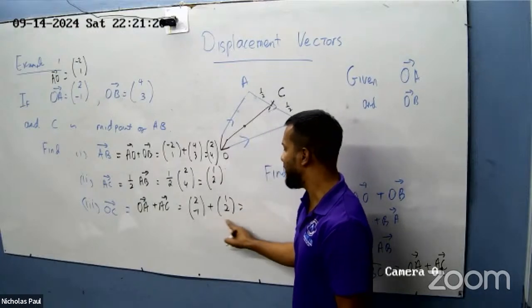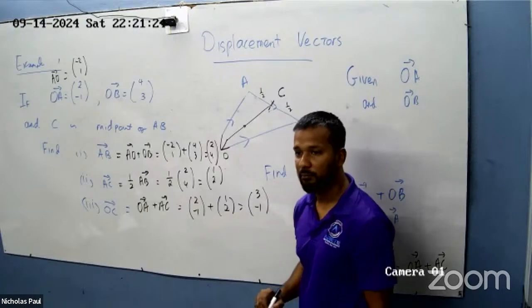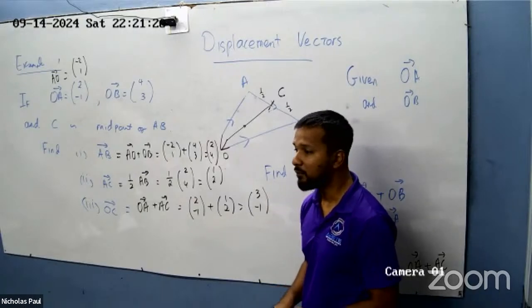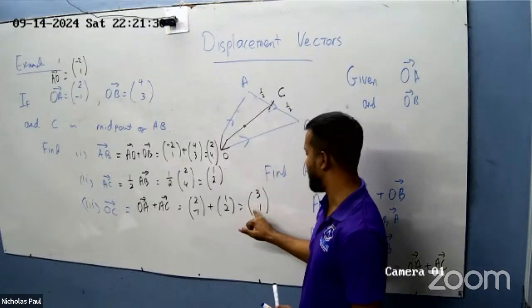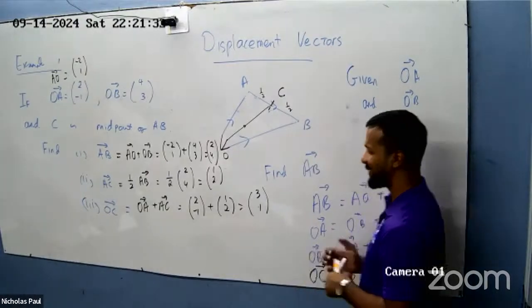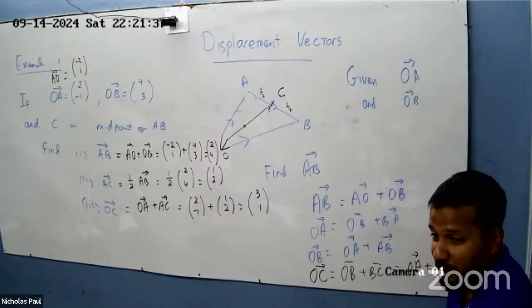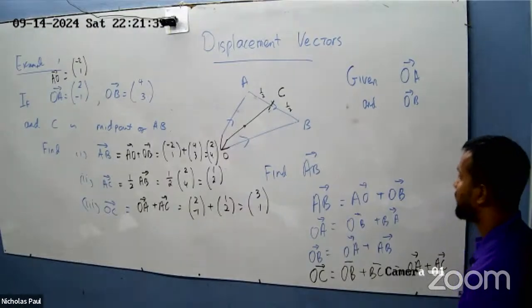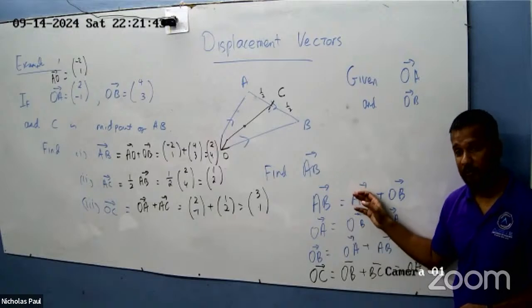So when you add it up, you will end up with (3, -1). Sorry, that's plus 1. That is (3, 1). Samir, you okay with that? Next one is yours. All right, nice. Everybody okay with this?